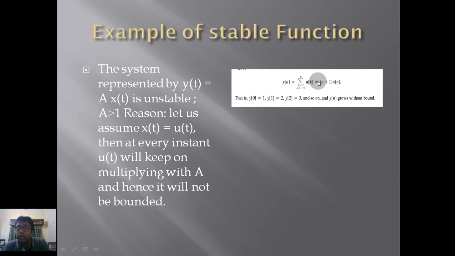For n = 1, the value will be 2. So as we increase the value of n, the output of this signal will also increase. It means that if we provide a bounded input, the output will not be bounded because it will increase and go on and on.